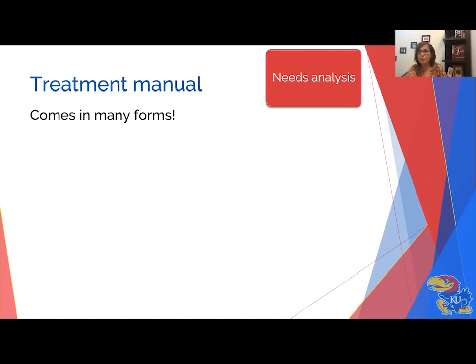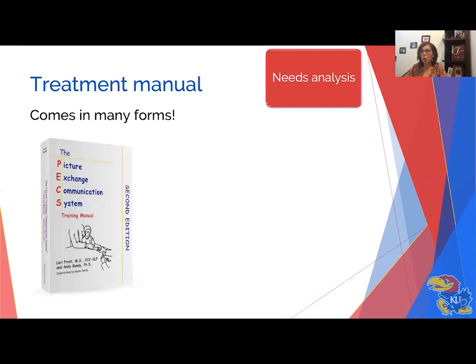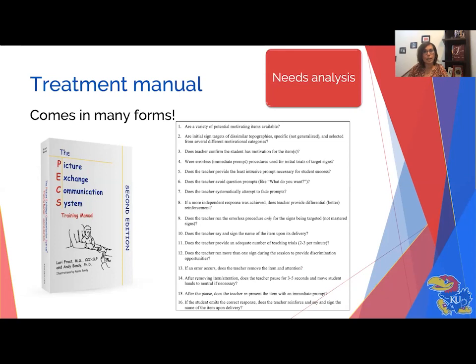Treatment manuals come in many forms, and it's important for you and your team to recognize the many options you have available. Treatment manuals can be large, formal manuals like this one, but they can also be developed by members on the team who are knowledgeable about the skill being taught and who are knowledgeable about how to teach the skill. So something like this short checklist could also work as a manual.